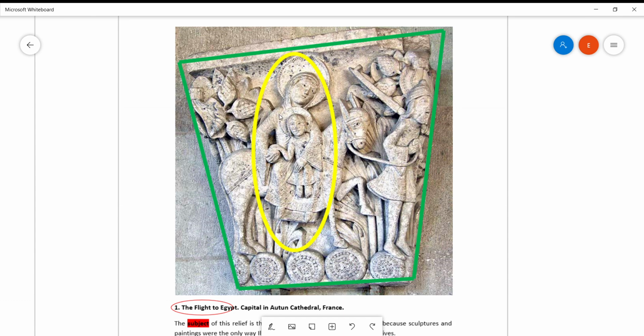You can see here they use a lot of straight lines and parallel lines. There are not a lot of curves. We have the legs of the horse, which are parallel lines, and then we have a lot of vegetal decoration that are also parallel lines.